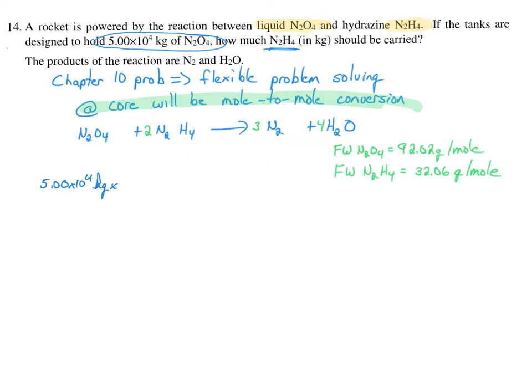Since we want to convert this to moles, we want to convert the kilograms to grams first because we have our formula weights in grams per mole. So we recall that a kilogram is 1,000 grams. And now we can bring in the formula weight of N2O4.